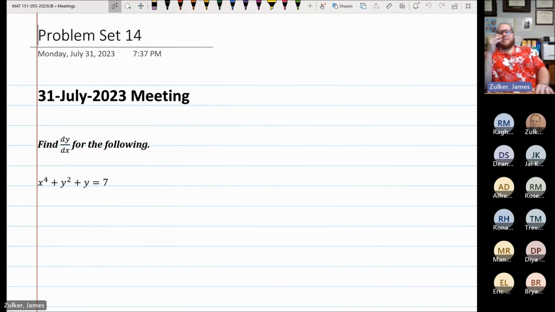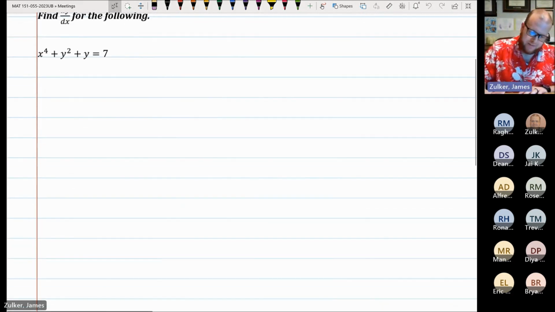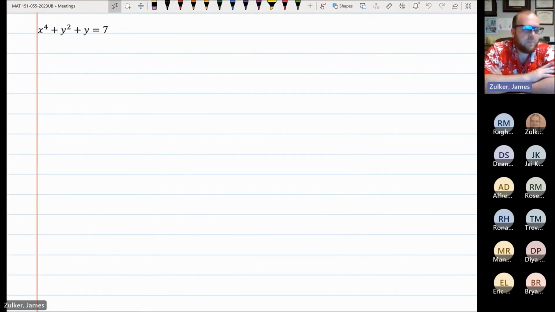All right, what we want to do is find dy dx for each of the following implicitly defined functions. So here's the procedure. First, you want to take d dx of both sides.